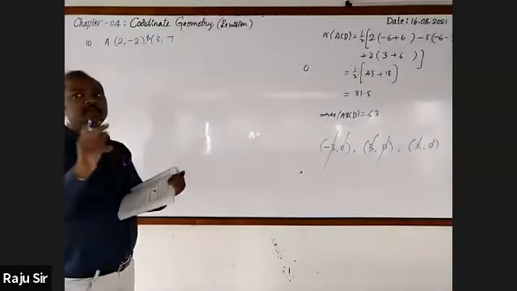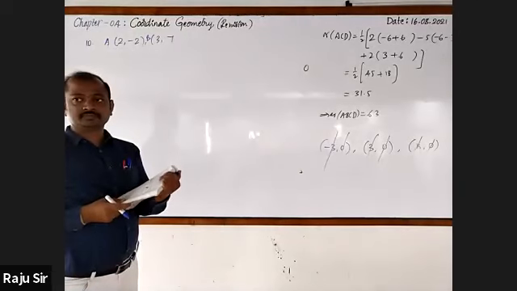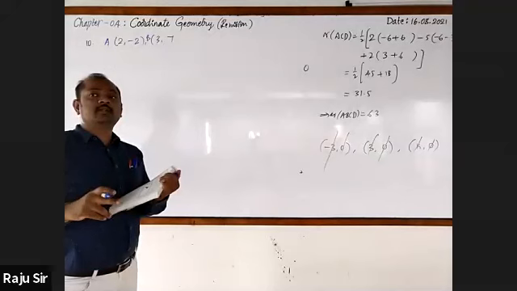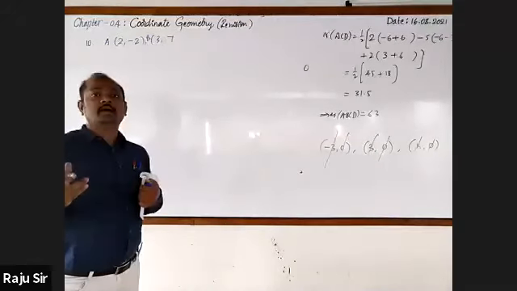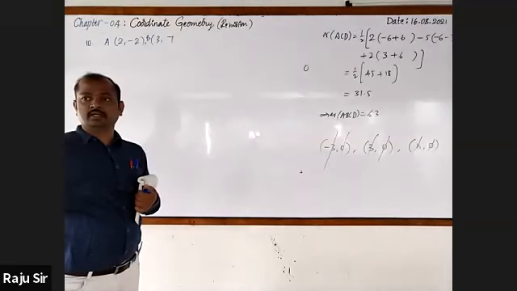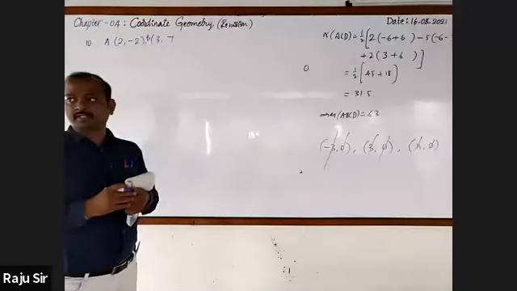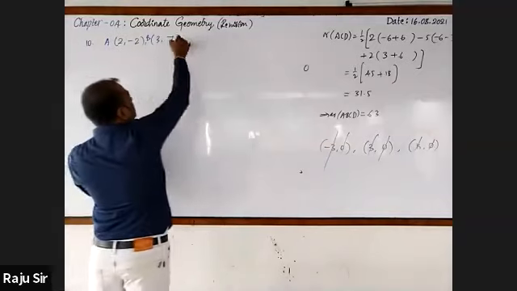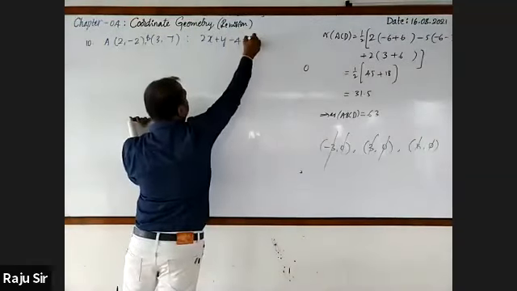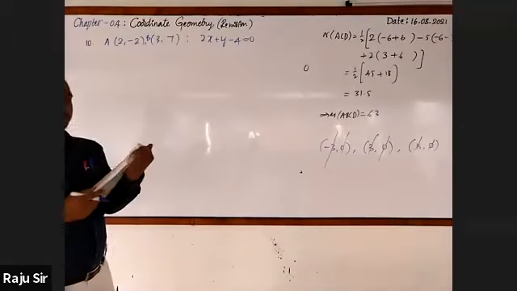That line is divided by what? The x-axis. What we are going to do is take a line represented by the equation 2x plus y minus 4 equal to 0.